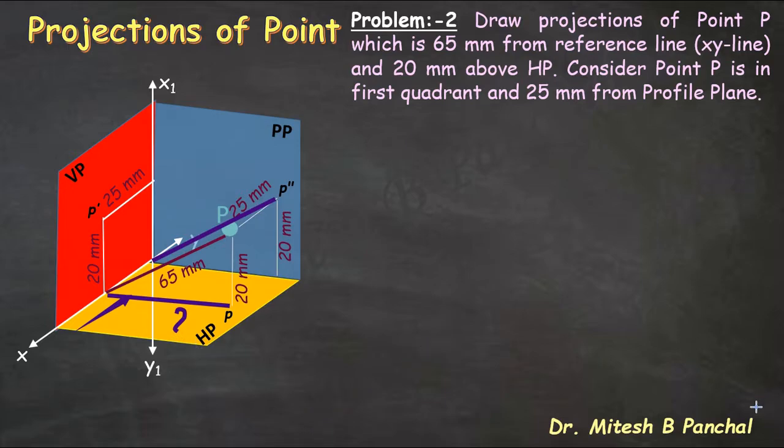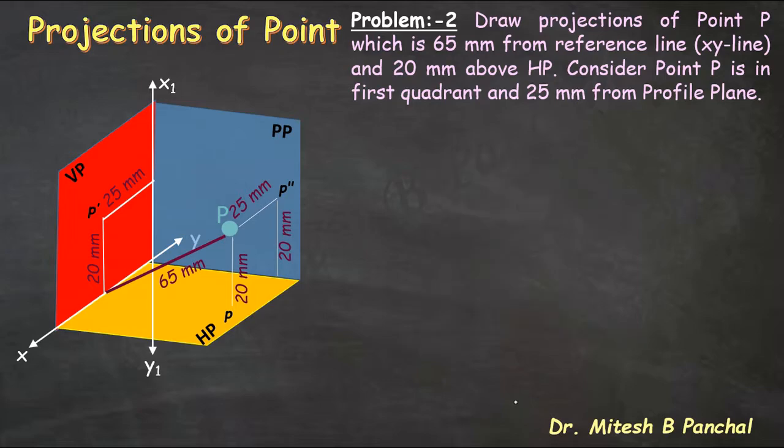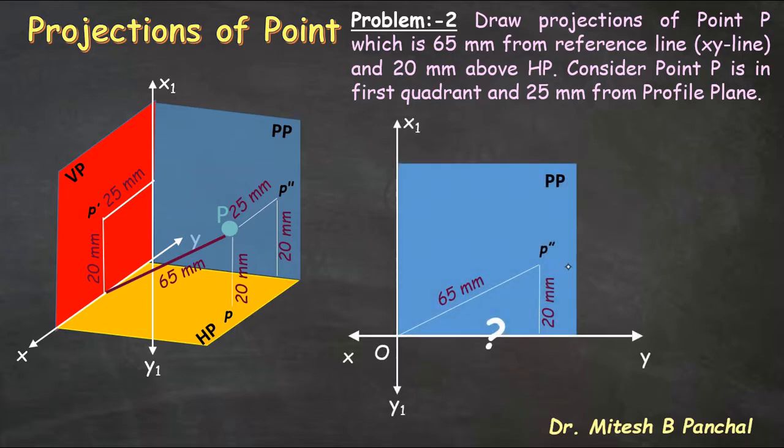Now we will look at the projection of point P on different planes, HP, VP and profile plane. The front view will be like this, from XY 20 mm and from X1 Y1 it is 25 mm. Now the side view will be like this, from XY it is at a distance 20 mm and from origin it is at a distance 65 mm.